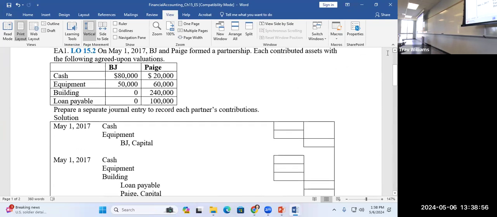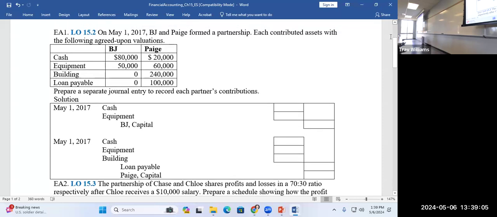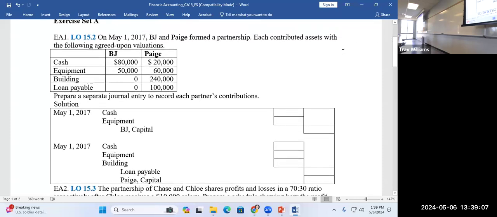So here we have BJ and Paige. They've formed a partnership. We have to journalize their contributions. As you see here, BJ is contributing $80,000 in cash and equipment that has a market value of $50,000.